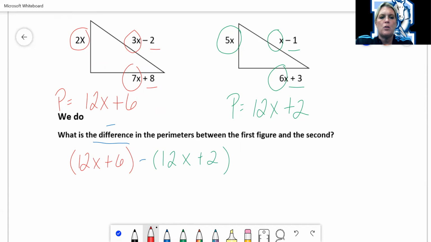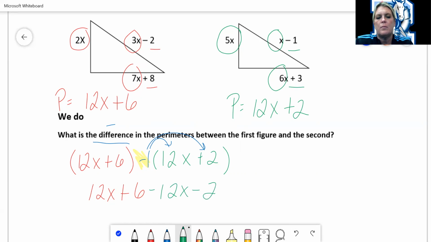All right, the first part just comes down here like it's written, just drop the parentheses. Remember, this right here is a minus sign. This minus sign is the same as a negative, so I'm going to multiply everything by -1 and change the sign of all that back there. So I'm going to get -12x minus 2.